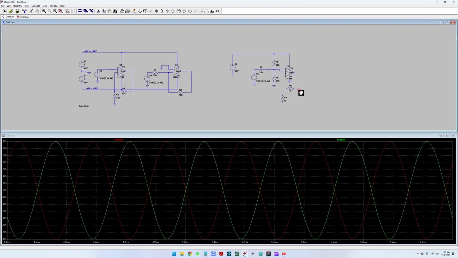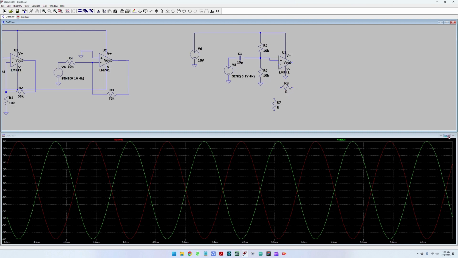The amplification is 1 plus R8 divided by R7. So as we used previously, we're going to put here 60 kilo ohms on the feedback, and here another 10 kilo ohms.